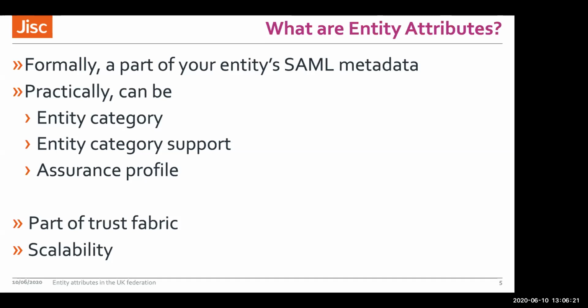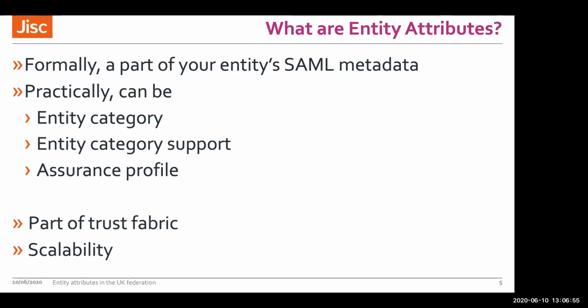But they are a way of adding names and values to your entity's attributes. You can categorize your entity. You can say it's an IDP that belongs to a certain category, and some may be prescriptive, that have certain requirements; your entity must meet those requirements in order to assert the entity attribute.